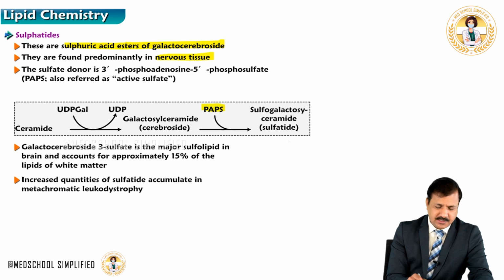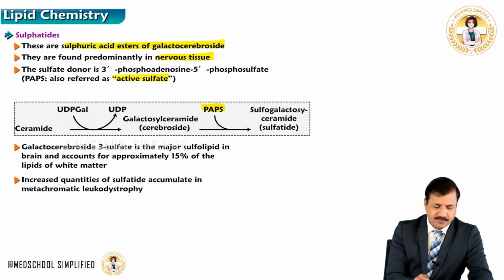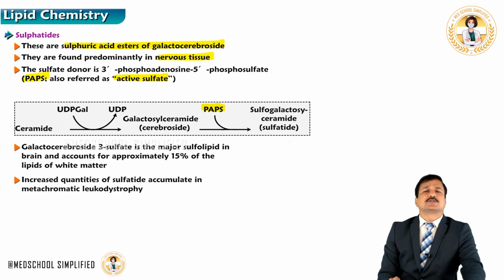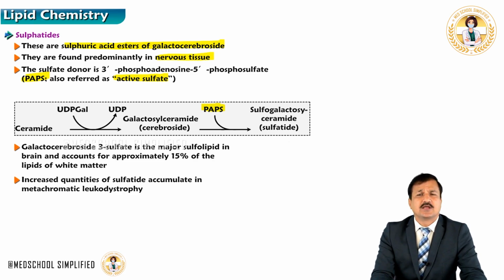The PAPS here is 3' phosphoadenosine 5' phosphosulfate, which is also referred to as active sulfate. Remember this point, very important. So the sulfate donor in our cellular reactions is predominantly PAPS, 3' phosphoadenosine 5' phosphosulfate, which is referred to as active sulfate.